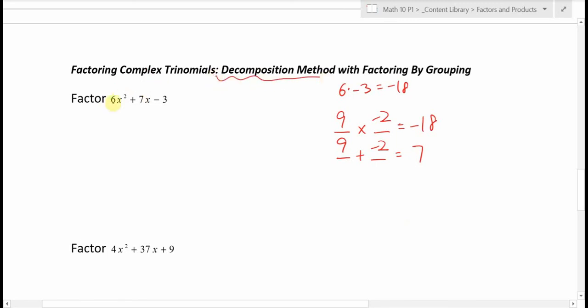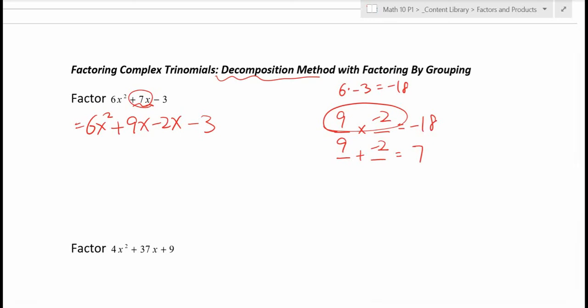What that means is we're going to break the middle term of 7x into 9x minus 2x. And where do we get 9x minus 2x from? That's exactly what these two numbers are. So 9x minus 2x gives you the 7x right there in the middle. Minus 3 is still minus 3, that doesn't change. But you can see we decompose the middle term 7x into 9x minus 2x.